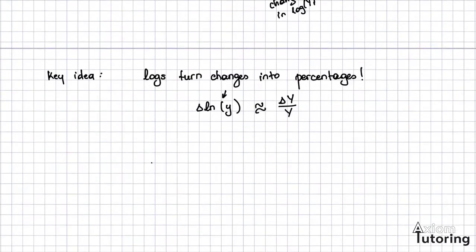So let me rewrite the model once again. ln y equals beta 0 plus beta 1 x. And let's say this is the estimated one, so let me put hats everywhere in here.